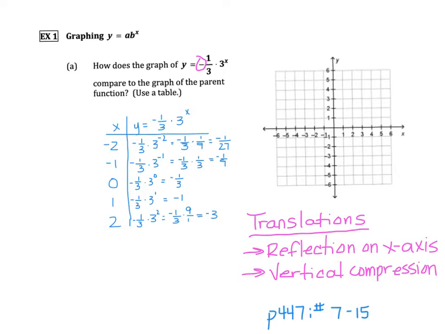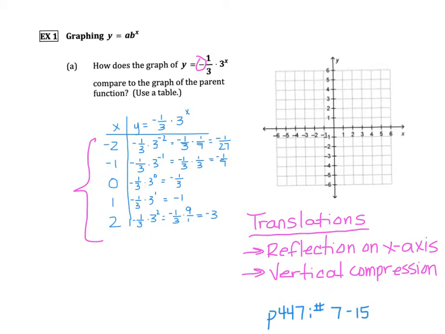So in order to go ahead and graph this, I've written my translations down here in pink. We need a table of values, and as long as we don't have any horizontal shifts, the values that we can choose in our table of values can easily be -2, -1, 0, 1, and 2.